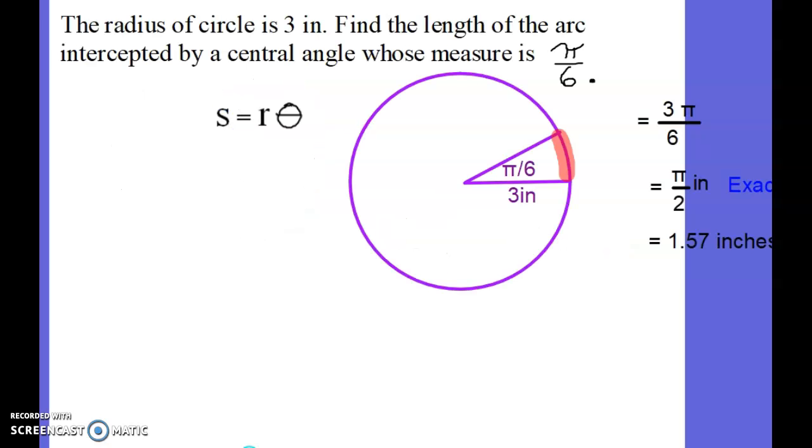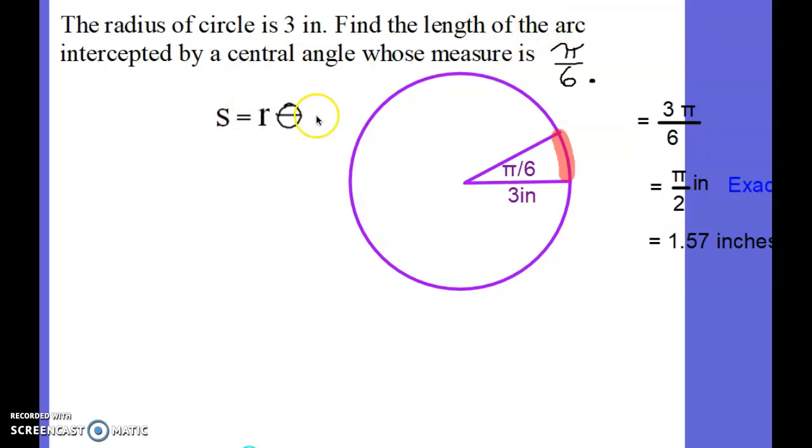Continuing along with your notes, here we have a radius of the circle. The circle is 3 inches, and the central angle is pi over 6 radians. Well, they want to know the arc length.